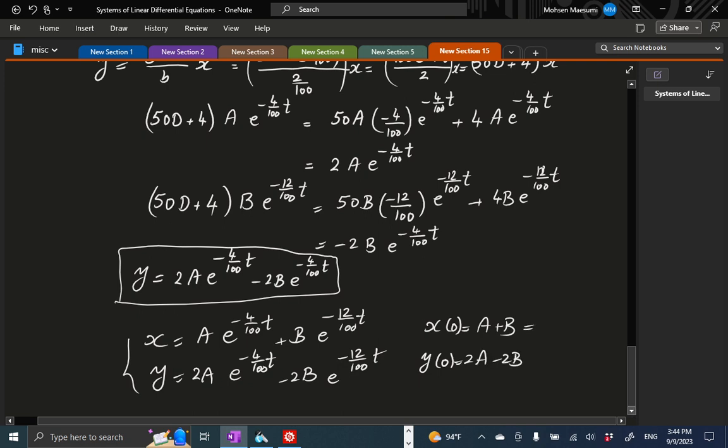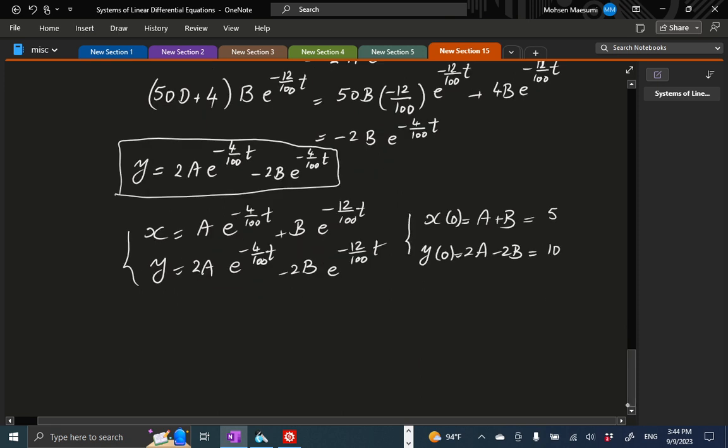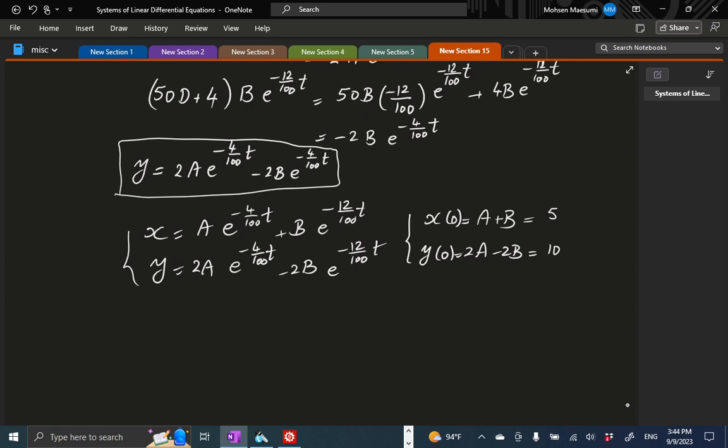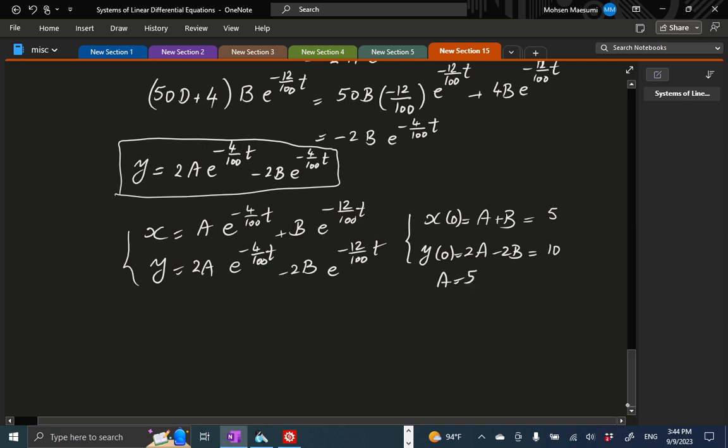Our problem specifies the initial amounts, I guess 5 or 10 or some number. So you end up solving a system. This will be easy. Double that and add to this, get 4A over 20. Our A becomes 5, accidentally, our B becomes 0. Just pure coincidence. So x becomes 5 exponential of minus 400t, and y becomes double of that, 10.